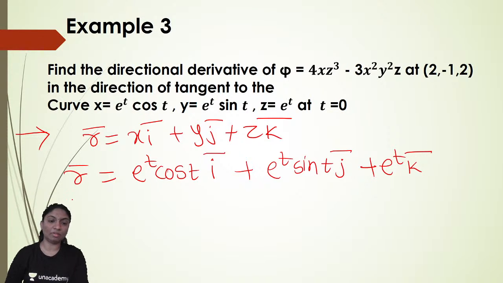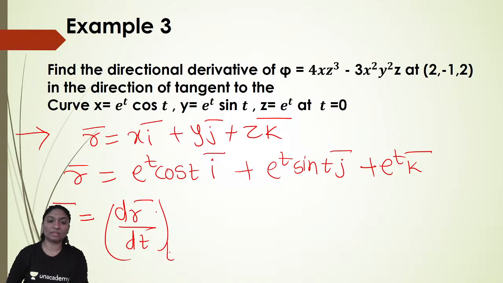Now how can we calculate the vector a bar? A bar is nothing but dr bar by dt at the given point t is equal to t0.